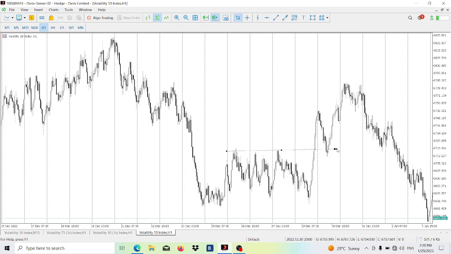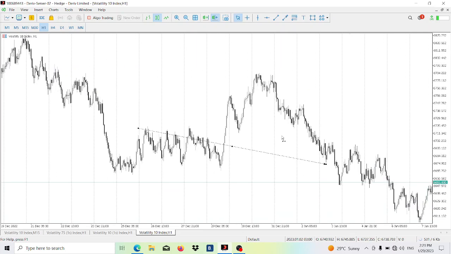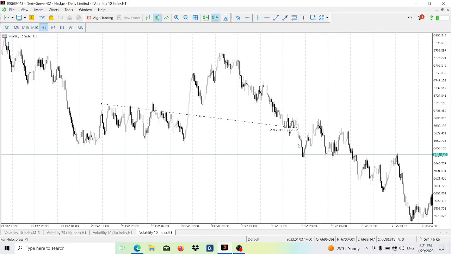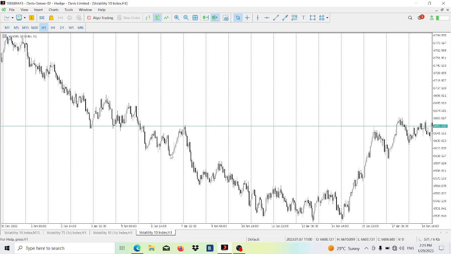From here, we had a high coming back to this zone over here. We'll touch upon that later on. Then the market broke structure and created a new lower high, lower low, lower high, lower low, and so forth. That's a downtrend market.